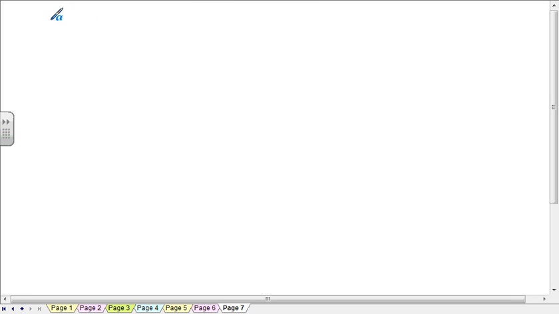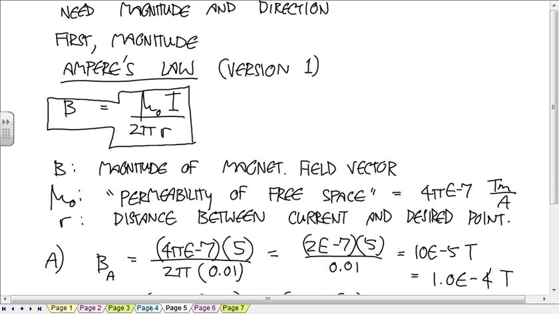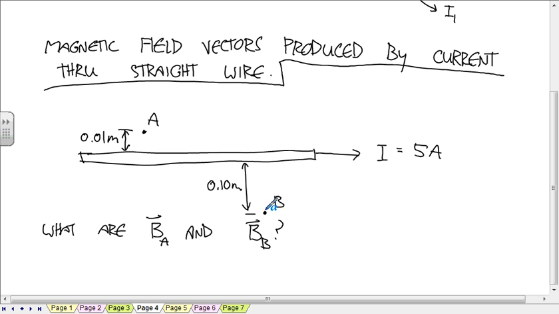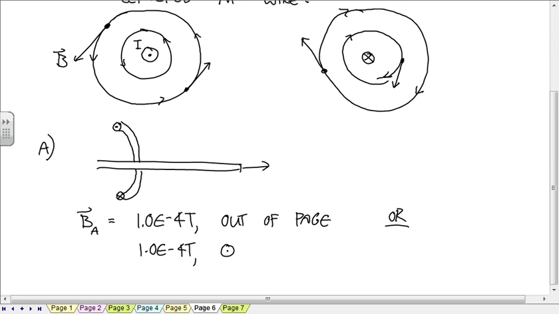And now part B. Now we have a point that's directly below the wire. What's the direction of the magnetic field vector for that? In, yep, and this same figure tells you why. If you're directly below, the vectors are going straight into the page there.